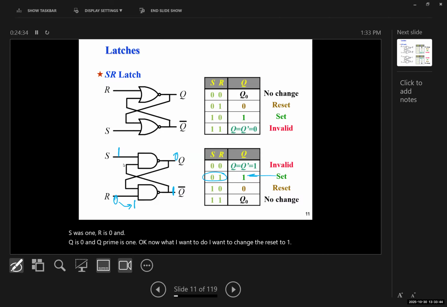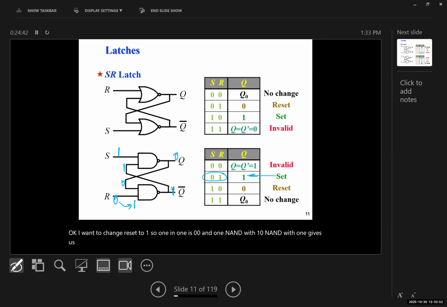So 1 and 1 is 0, 0 and 1, NAND with 1. 0 NAND with 1 gives us what? 0 AND with 1 is 0. 0 NAND with 1 gives us 1. Am I correct? So again, we have 1 over here. Let me see if I've done it correct. Yes.